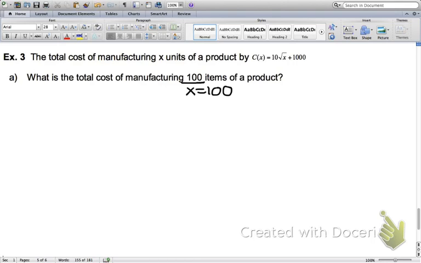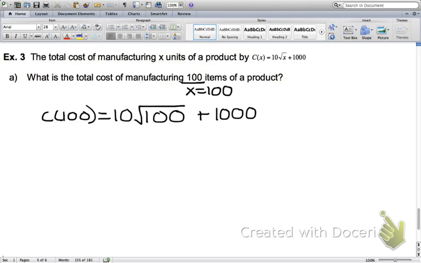So all we need to do in part A here is sub in that x value into our given equation. So we will be having 10 times the square root of 100, plus 1,000, which is just equal to 100 plus 1,000, which is equal to $1,100.